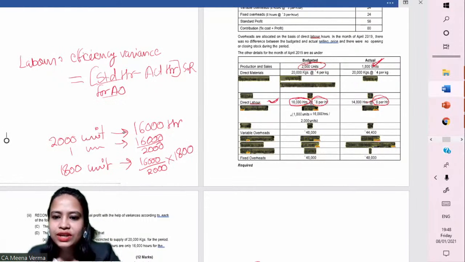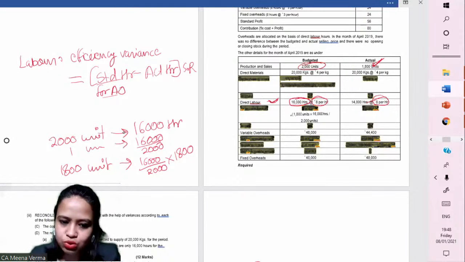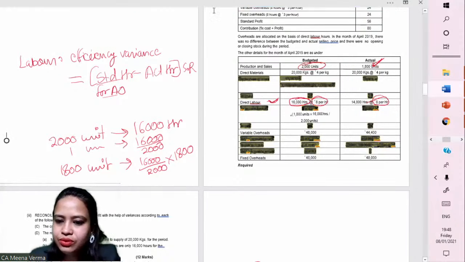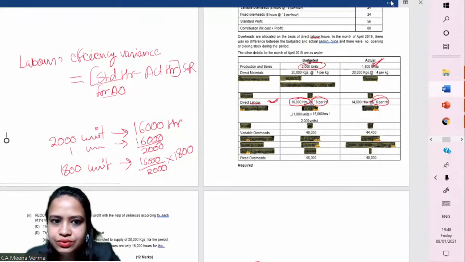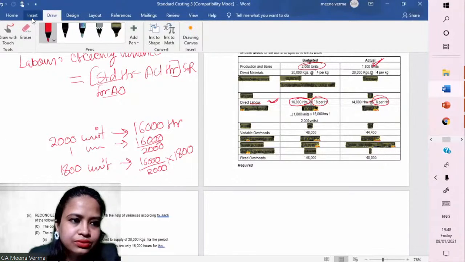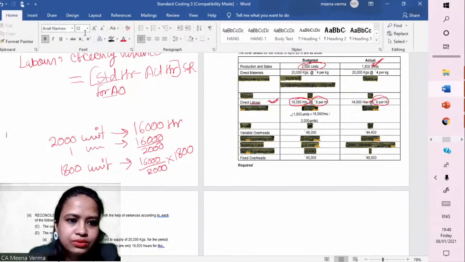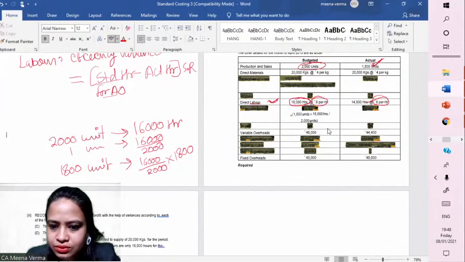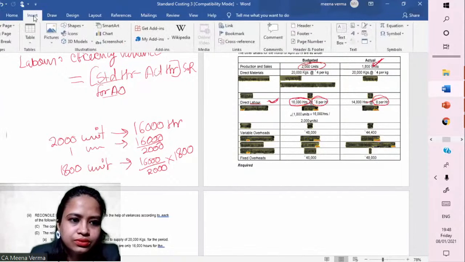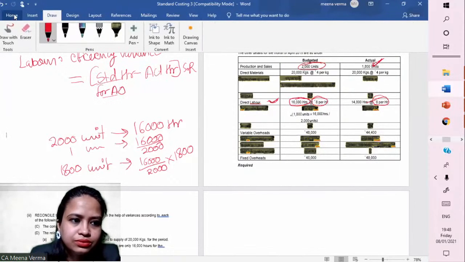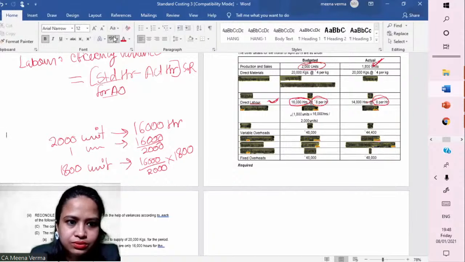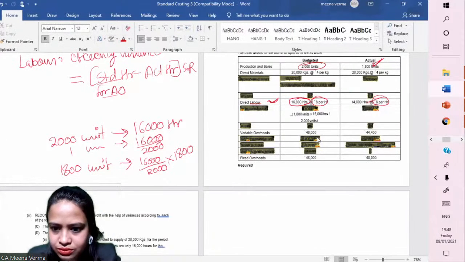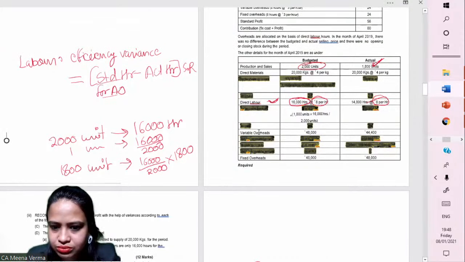Calculate this. This way you will get standard labor hour for actual output. Okay. If you will calculate this value, let me make a column.